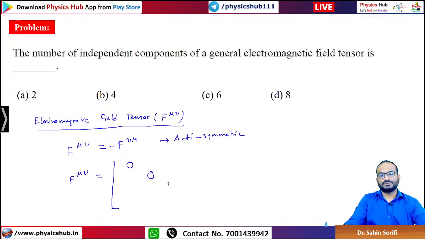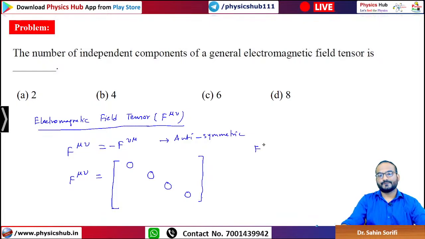This is a 4 by 4 matrix. This element is 00, 01, 02, 03. This is 10, 11, 12, 13. In this way you will consider. In a 3 by 3 matrix we used to consider A11, A12, A13. For this 4 by 4 you will consider from 00, then 11, 22, 33.